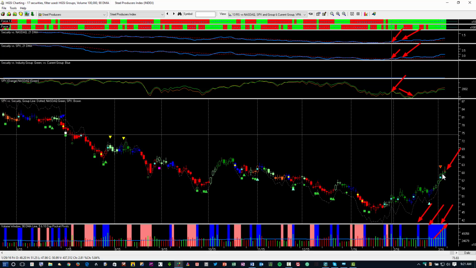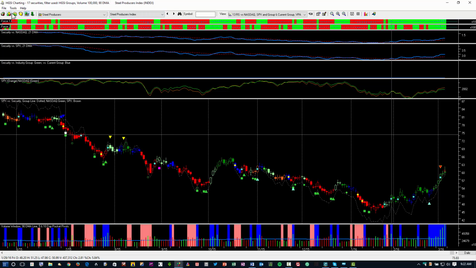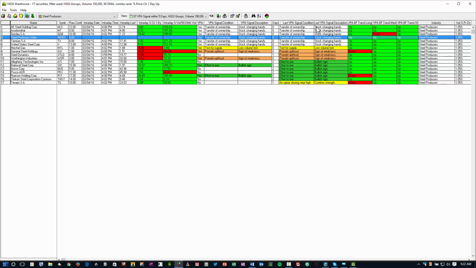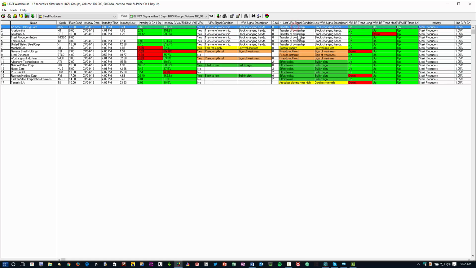This is what we're seeing in the equal dollar weighted index. Now I'm going to change to the industry group, go to the warehouse view, and I'm sorted on this already. Look at all of these stocks that are showing the same transfer of ownership. The strong hands selling into weak hands.